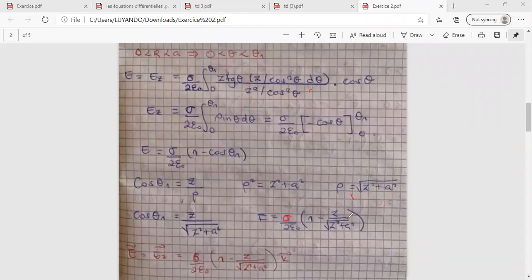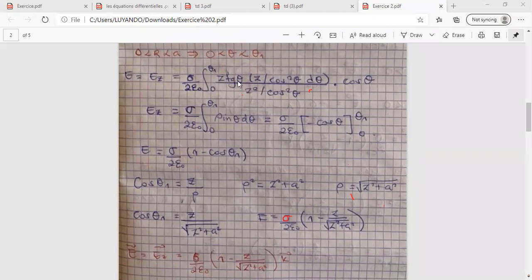Sorry, you mean whatever is inside the brackets was just equal to sine theta d theta? Sine theta, yeah. When you simplify it, this Z and this Z are going to multiply, so the Z's are going to cancel.